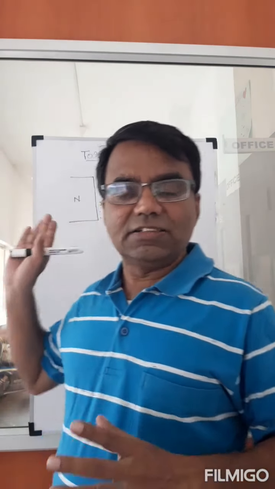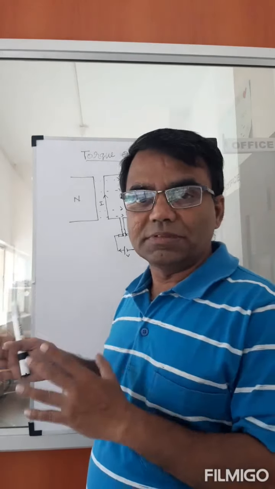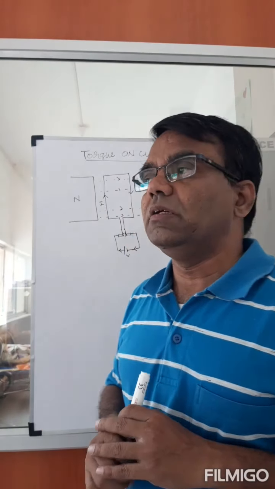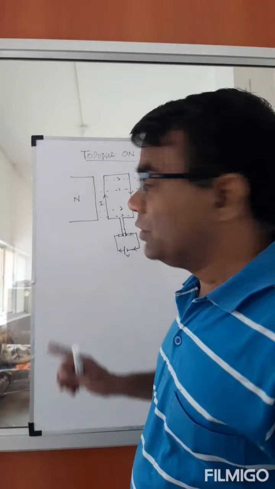Let's start with what will happen when you keep a loop in a magnetic field. There are fancier diagrams than this, but let me stick with this one because it is simple and easier for you to understand the concept. So I have a magnet which has two poles, north and south.